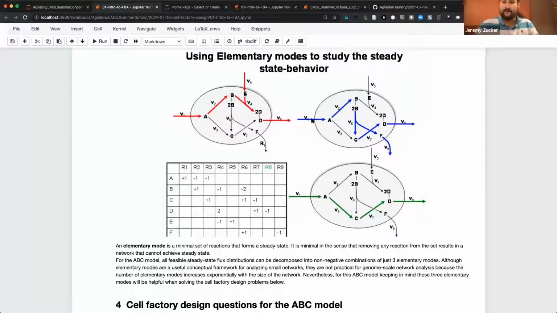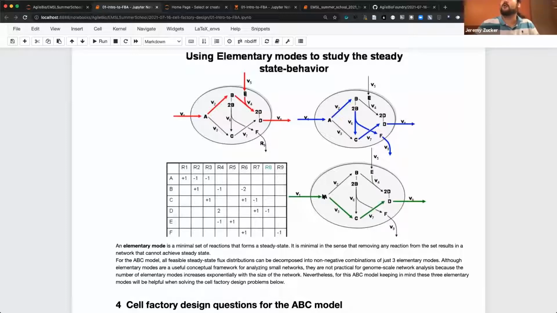So, like I said, there are 3 different solutions here. I can go from V1 to V2, and then V5 down to V4 out through V8. Or I can go V1 to V2 and then down through C and F, out, and then up to D and out.